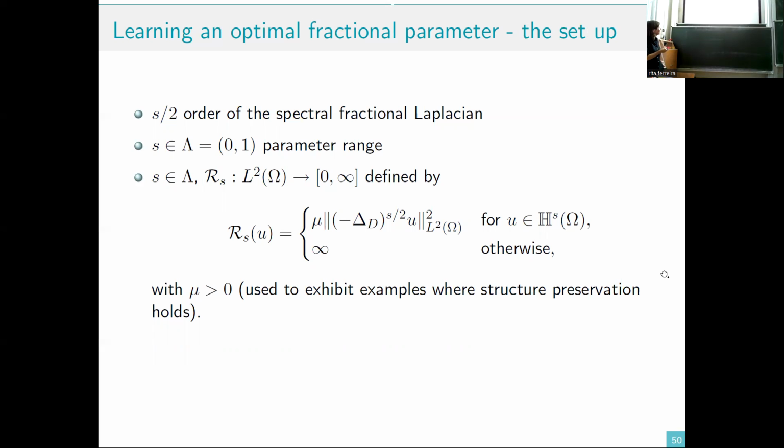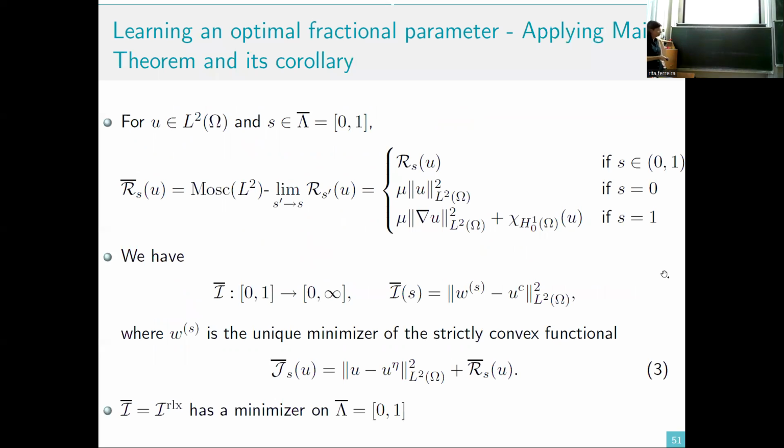And then what we prove here, again, we have to establish the Mosco convergence, which we do. Nothing changes if we are in the original case.